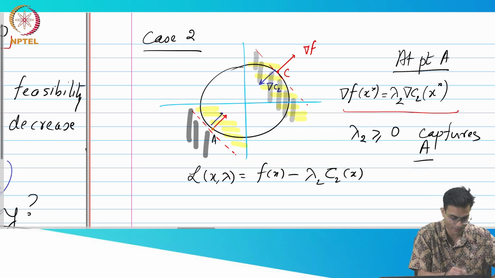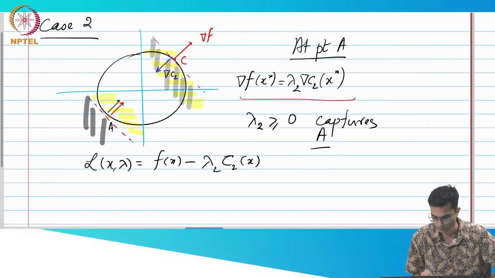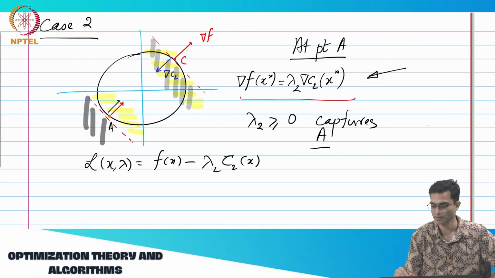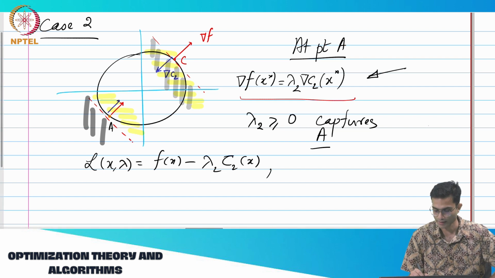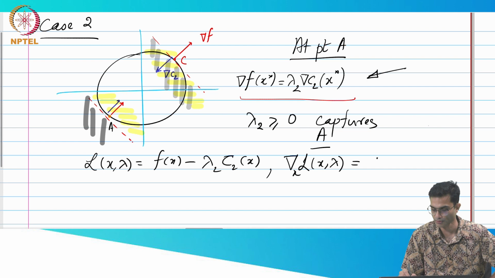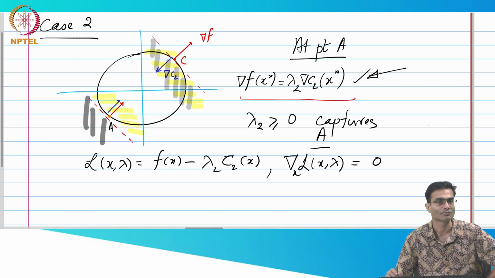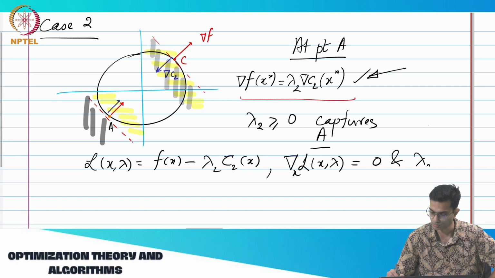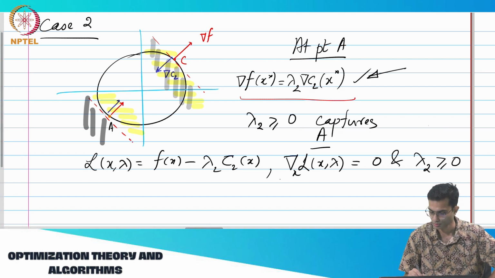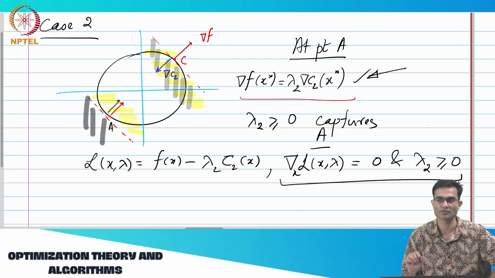Now, I want to capture this case using the Lagrangian. What is the first thing I can say? I want to capture this condition. How do I capture it? Grad L with respect to x, if I set it equal to 0, it captures this, and lambda 2 greater than equal to 0. So in case 2, this is what I have.